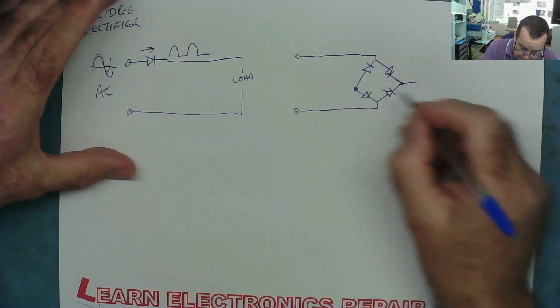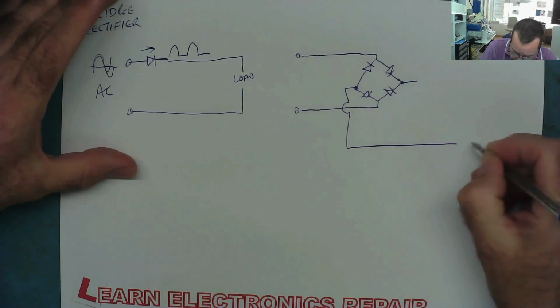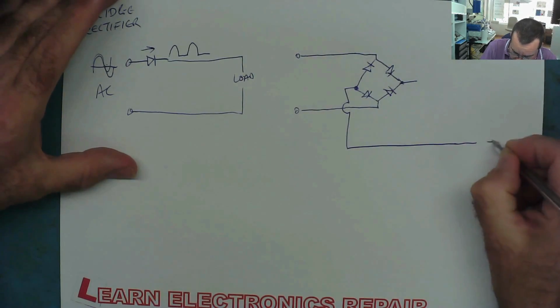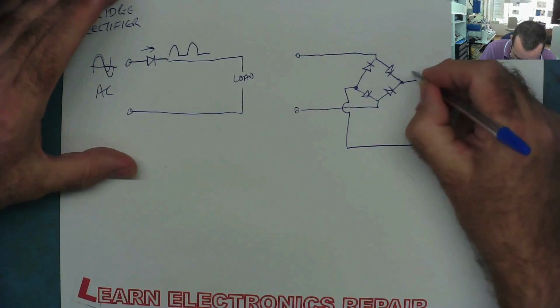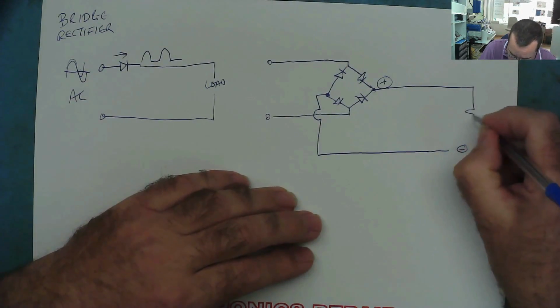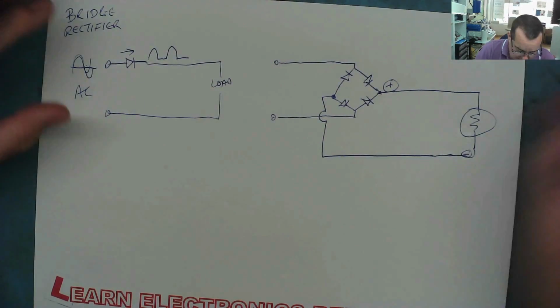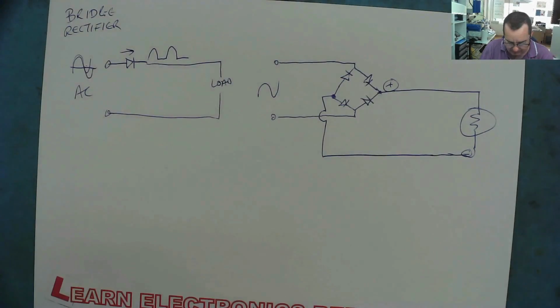Okay, and this end is the negative end of our load, and this end is the positive end of our load, and the load is there, the device we want to power. This is AC. Now let's have a look at what happens.